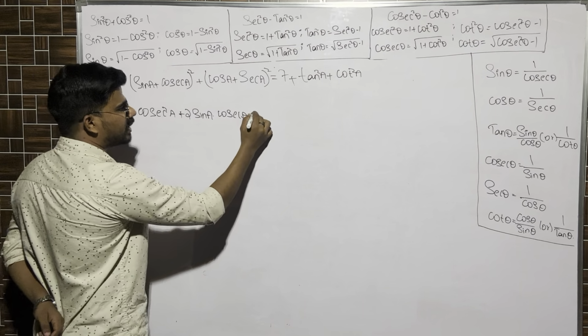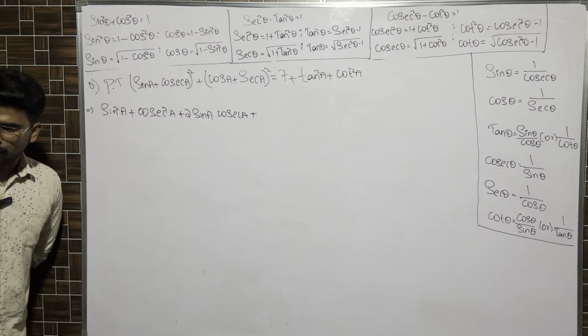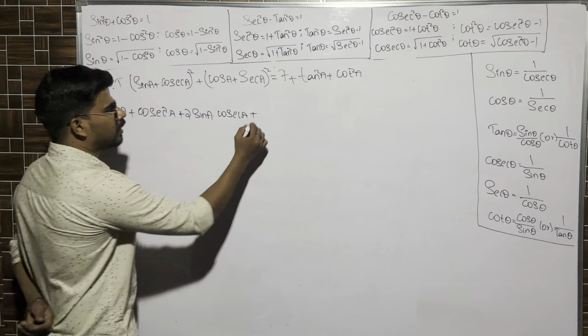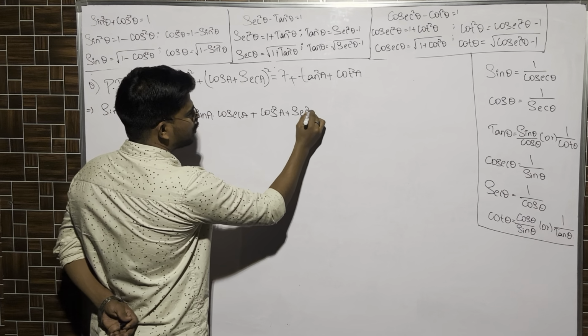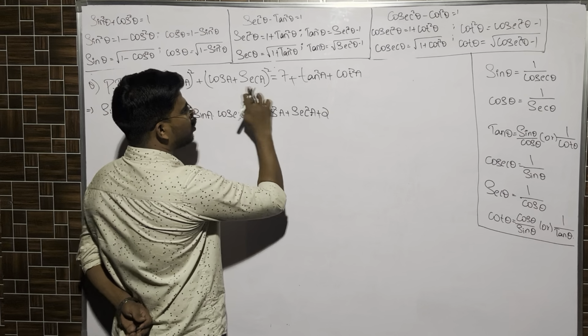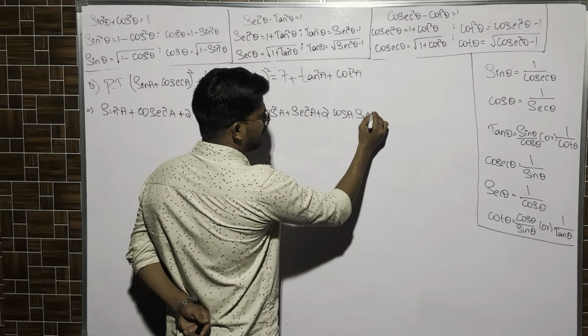Same way we have to expand this: cos square A plus secant square A plus 2 cos A secant A.